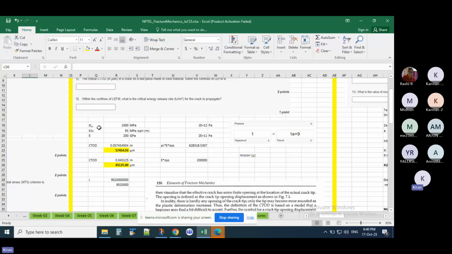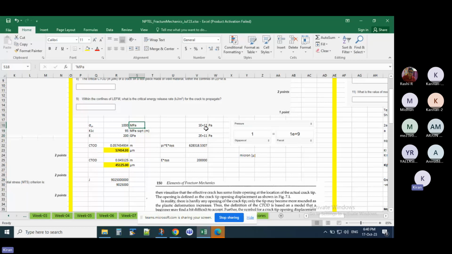Now you see this is sigma ys. I made it into Pascal, and the modulus is also made into Pascal, because this Young's modulus is in gigapascal, right? Because this is in Newton per mm square.